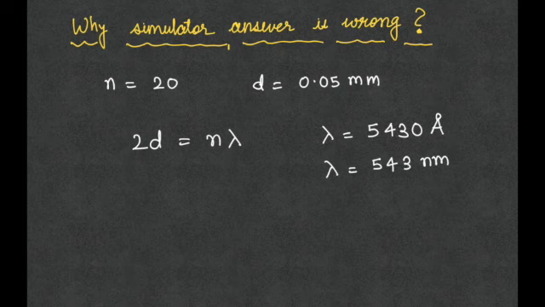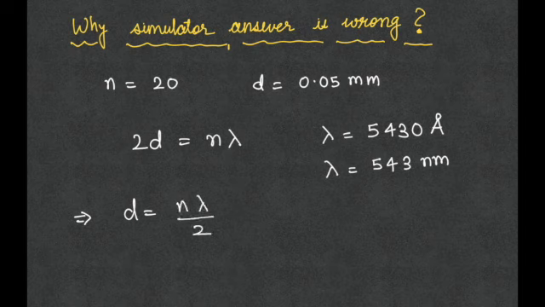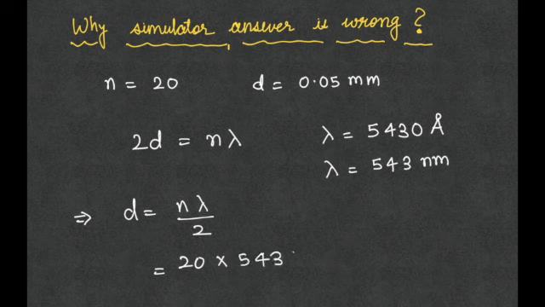Now let us substitute the given value of lambda and order n and quickly cross check what D should be if lambda is 543 nanometer. Because in our answer, we are getting 10 times more, of the order of 5000 nanometer, which is beyond the optical range. So I want to calculate D, which will be n lambda by 2. n is 20, lambda is 543 nanometer.